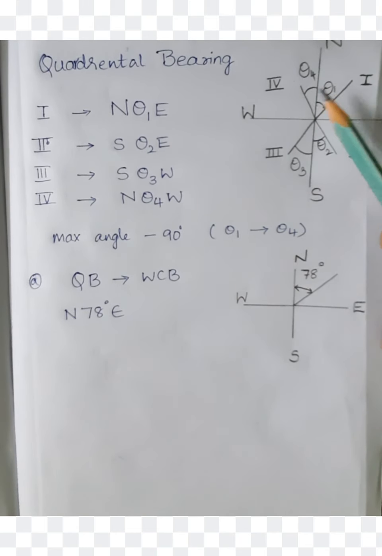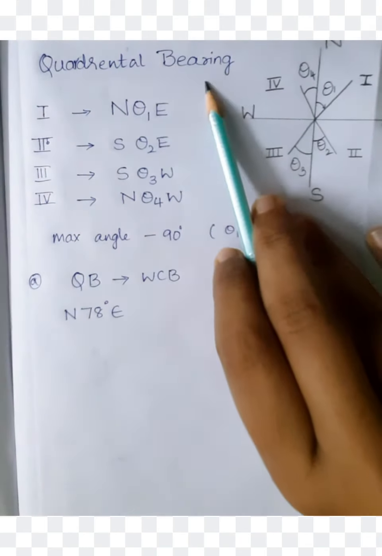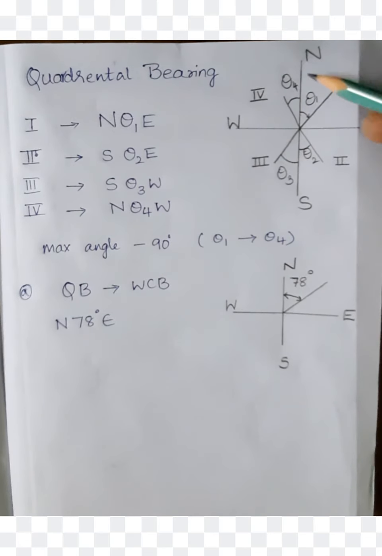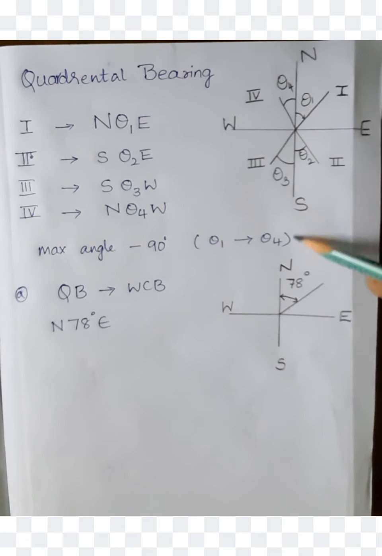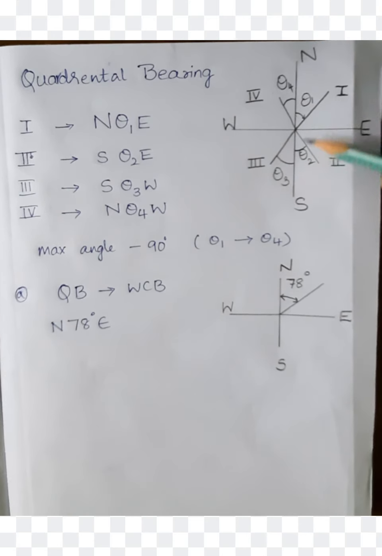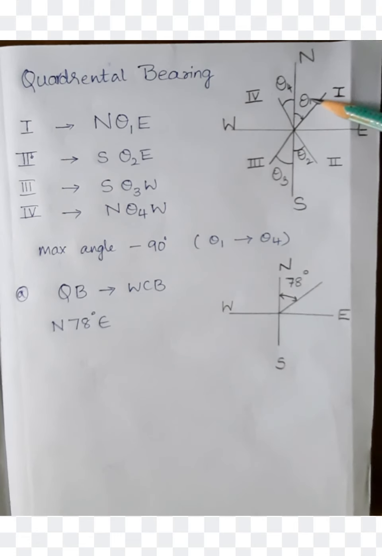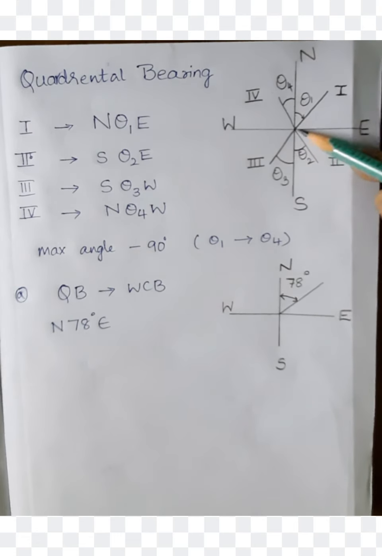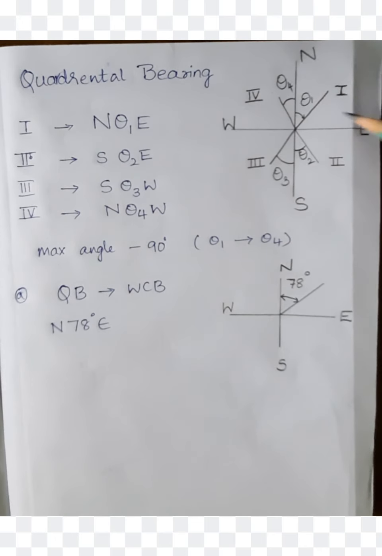First we are discussing the quadrantal bearing system. I have taken the quadrants like this: theta 1, theta 2, theta 3 and theta 4. Theta 1 is from north to east, so theta 1 belongs to the first quadrant.